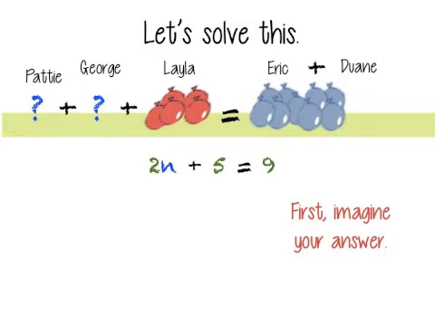First, imagine your answer. You're starting with 2n plus 5 equals 9. You want to end up with something that looks like 1n is equal to your answer.